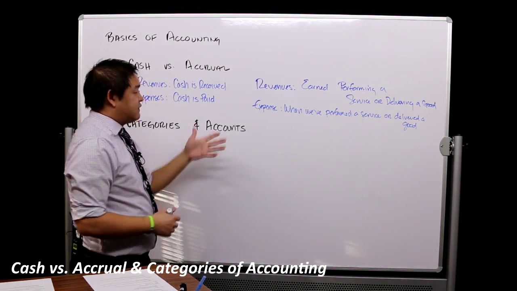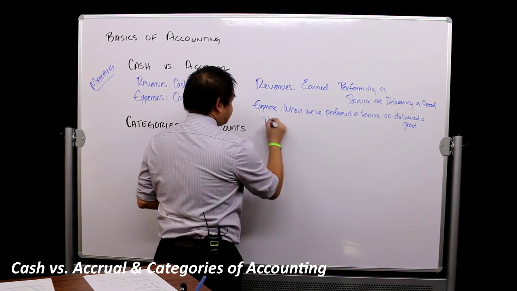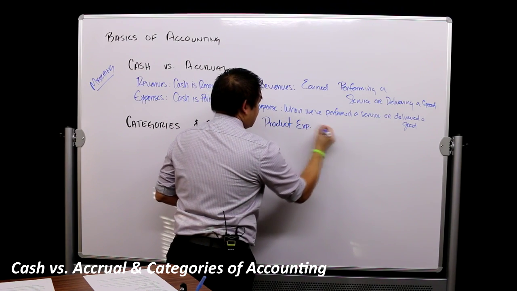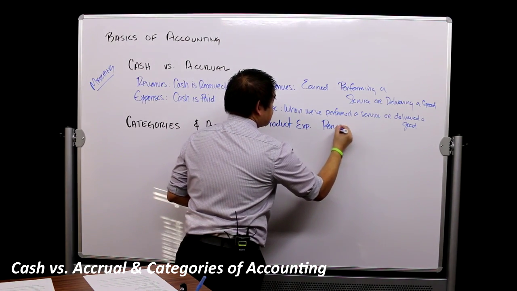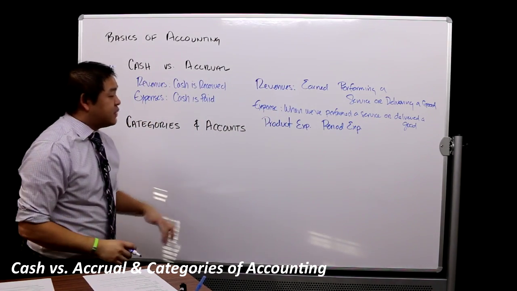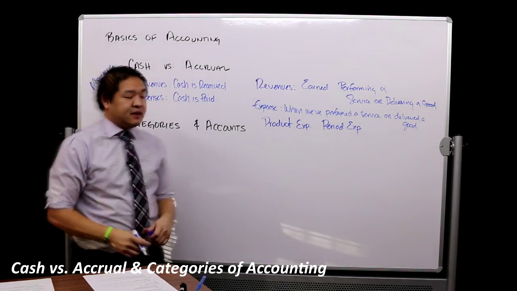Okay, we do have different types of expenses. We have what we call product expenses, and then we have period expenses. We won't go into too much detail of theirs, but product expenses would be those t-shirts, and period expenses would be like utilities.